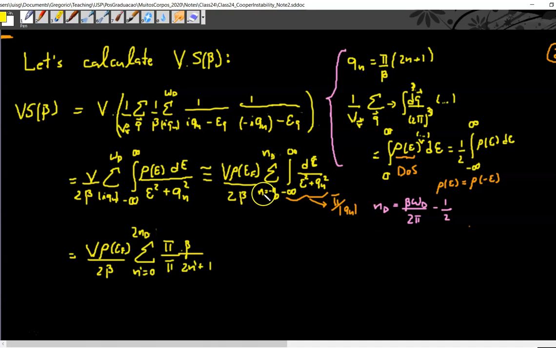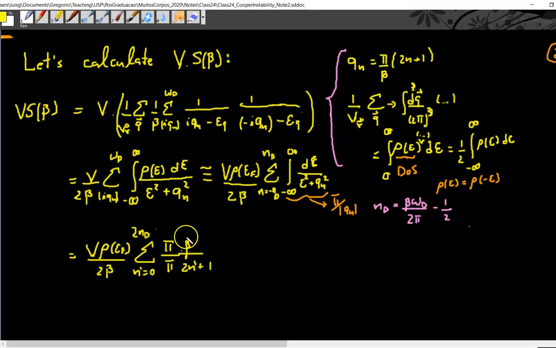And the sum in Matsubara frequencies, notice it goes from minus n_D up to plus n_D, where n_D is n such that this is equal to the Debye frequency. So you can calculate n_D equals beta omega_D divided by pi, minus 1 divided by 2. So that's n_D. That's my sum. I have to calculate this sum here.